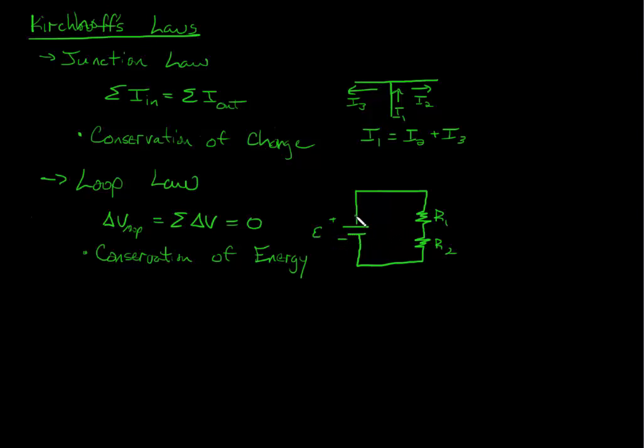And then let's get some points. Actually, let's put A over here. So we'll do A, we'll call that B, and then C, D, and E. And what I want to do is look at the potential difference as we go around the circuit.